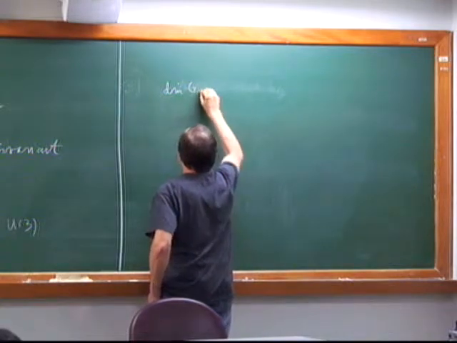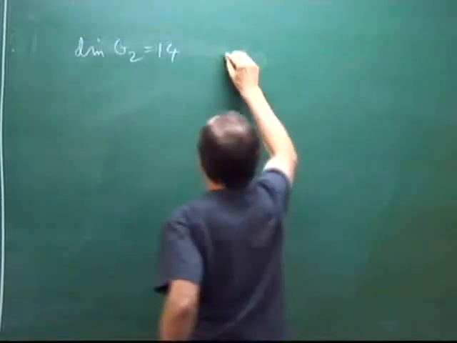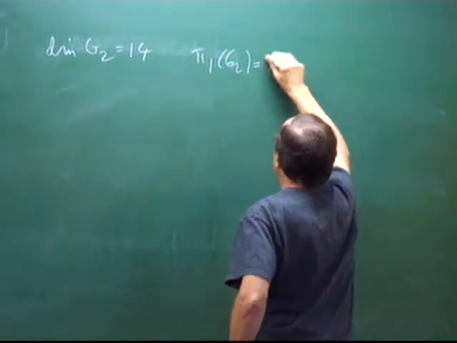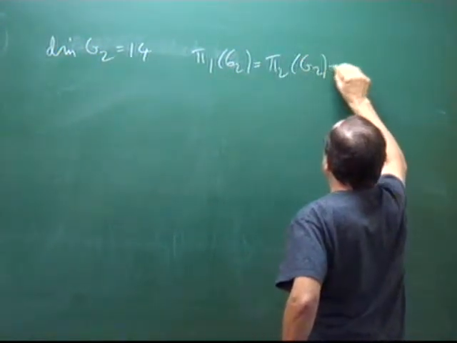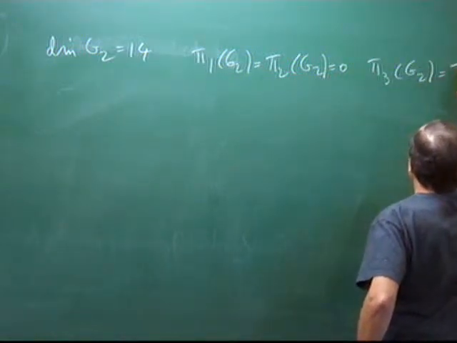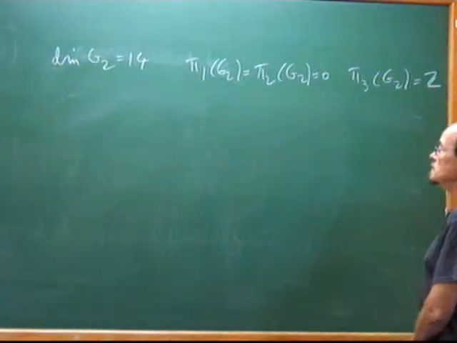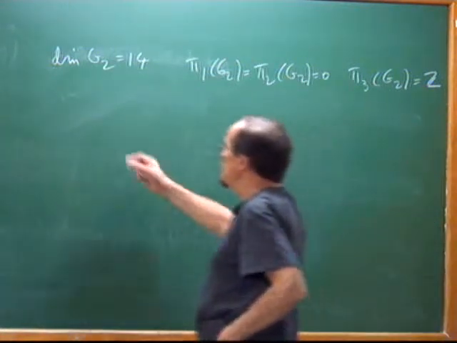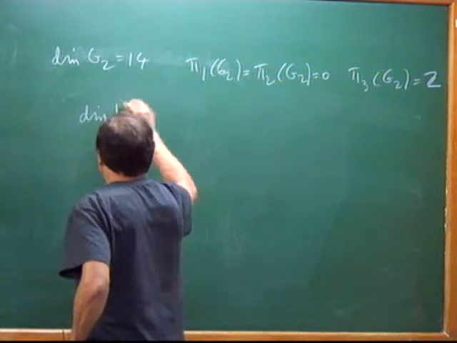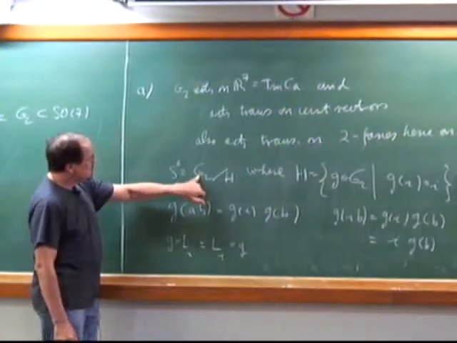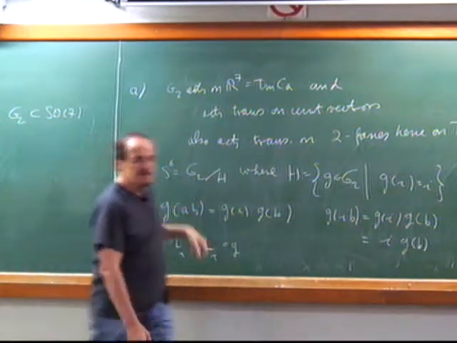The dimension of G2 is 14, pi 1 of G2 and pi 2 of G2 were 0, and pi 3 of G2 was equal to Z. So that's what we saw last time. So what does that mean about H? What's the dimension of H? Right, I know that G2 mod H is a 6-sphere, so it must be 14 minus 6.